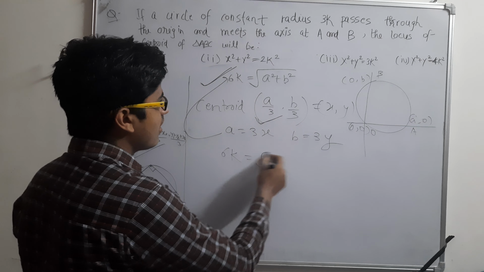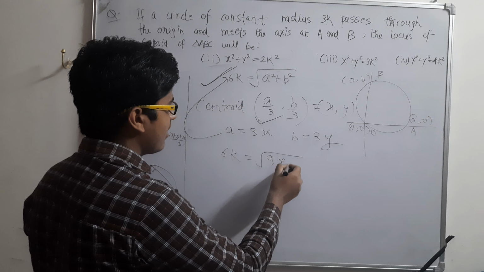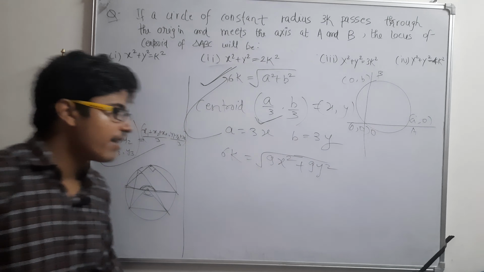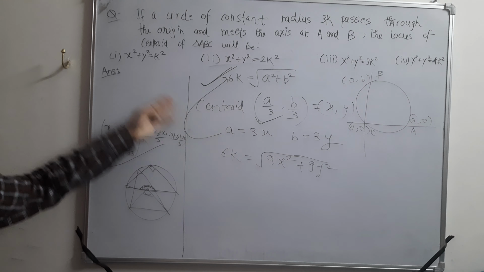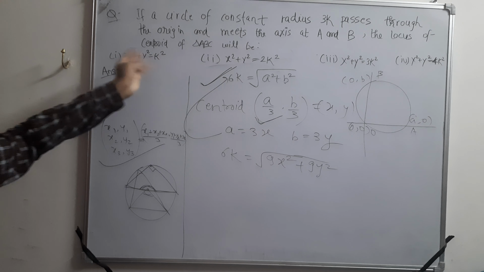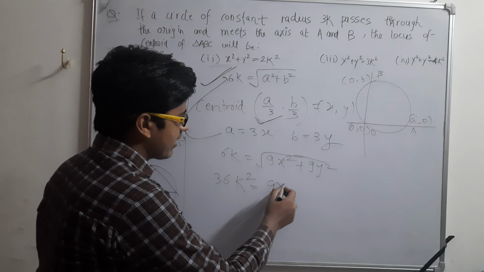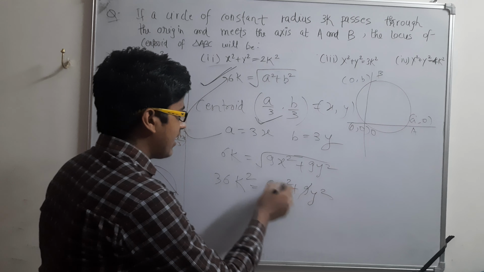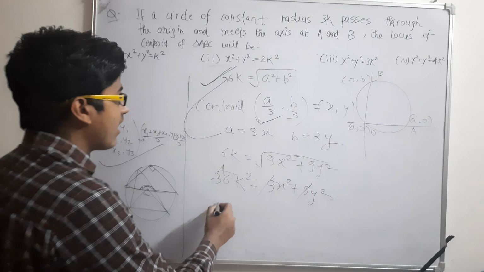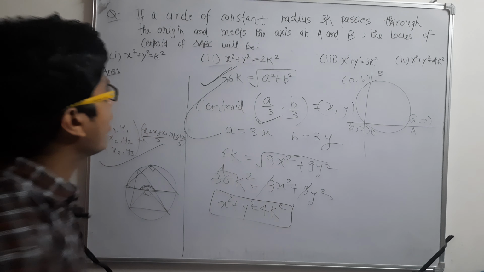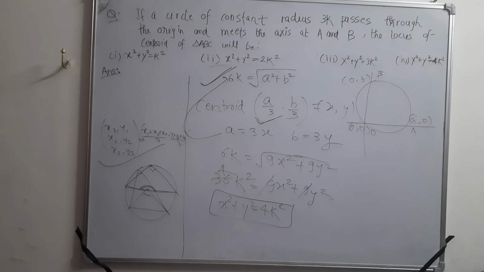6k equals the square root of (3x) squared plus (3y) squared, that is 9x squared plus 9y squared. Okay, so this is our answer, and we have to simplify it so that we get it in the form of one of the options. So squaring, 36k squared equals 9x squared plus 9y squared, and dividing by 9, x squared plus y squared equals 4k squared.